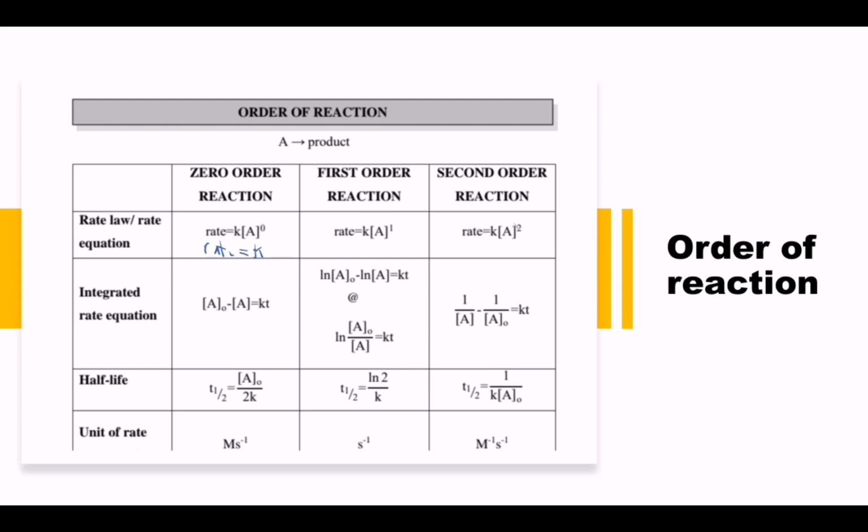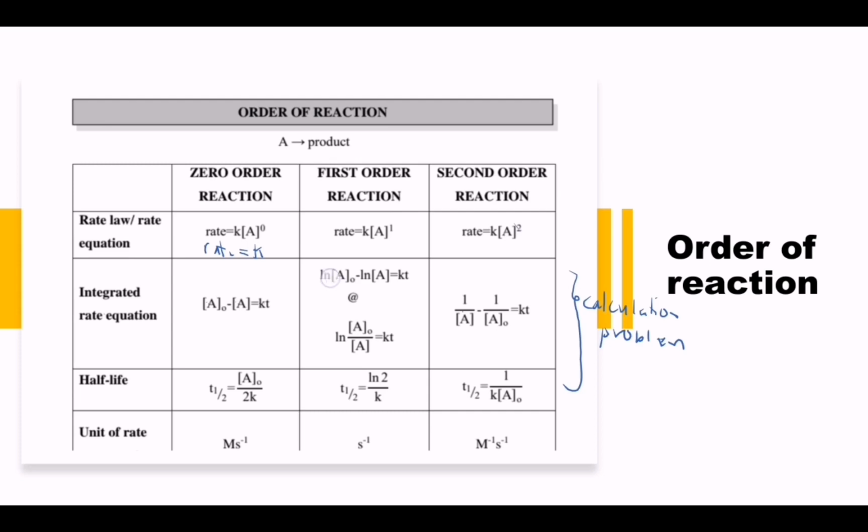So this is the integrated rate equation for 0 order, first order and also second order. These all involve calculation problems. A0 is the initial concentration, A is the concentration after a certain time, k is the rate constant and t is the time taken for that reaction to occur.